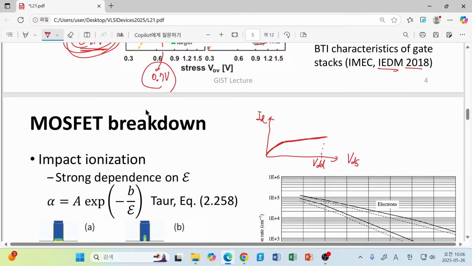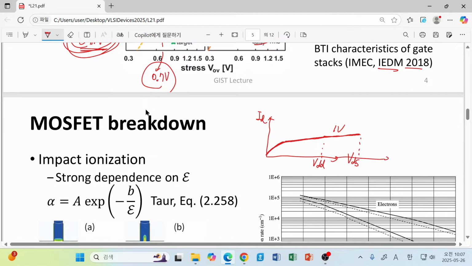But what happens if we apply, for example, 1 volt higher than VDD, 2 volts higher than VDD? The answer is okay. Still beyond this VDD, it just tries to behave like a normal device.